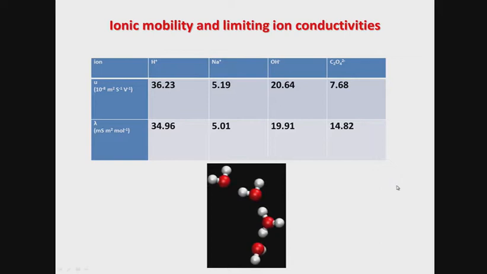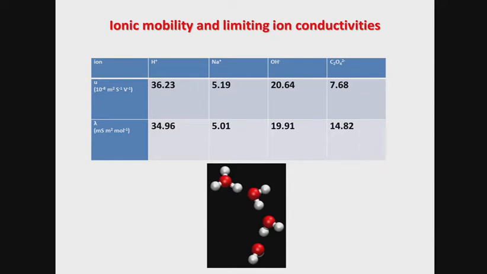Experimental data tell us that H plus ions are highly mobile in water and they contribute more towards the conductance values. OH minus ions are also highly mobile, perhaps not as much as H plus ions, and Na plus and the oxalate dianion are much less mobile compared to H plus and OH minus ions in the solution.